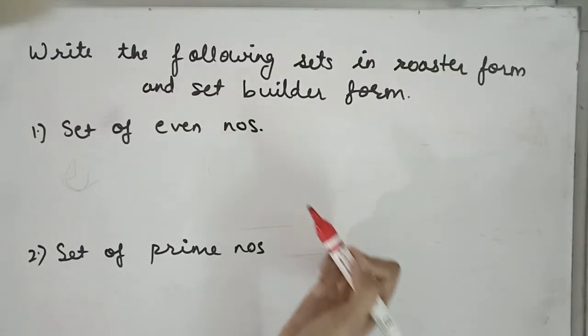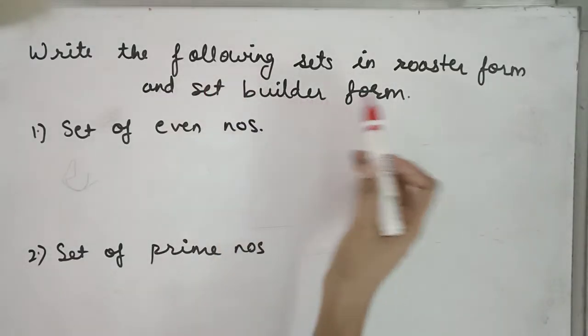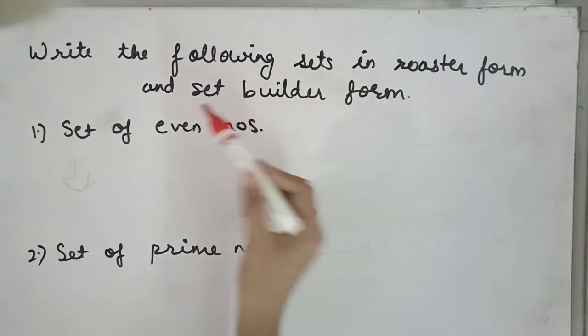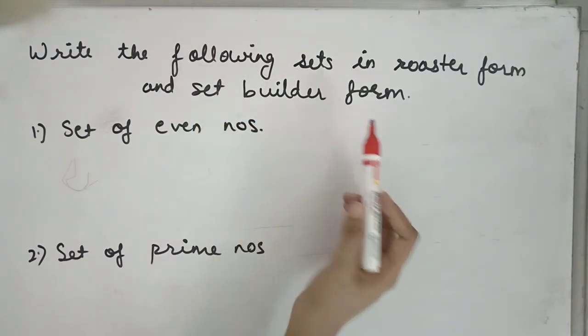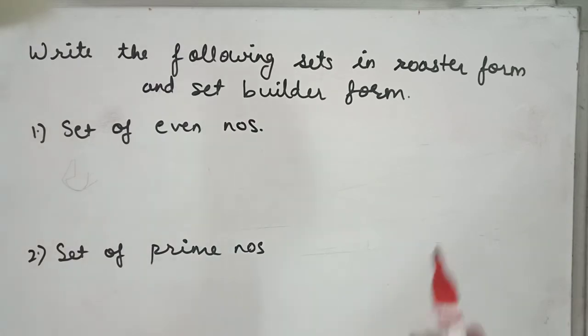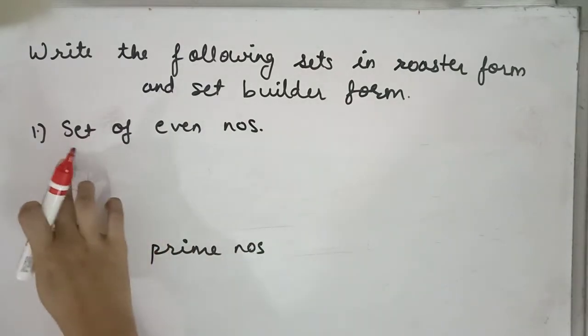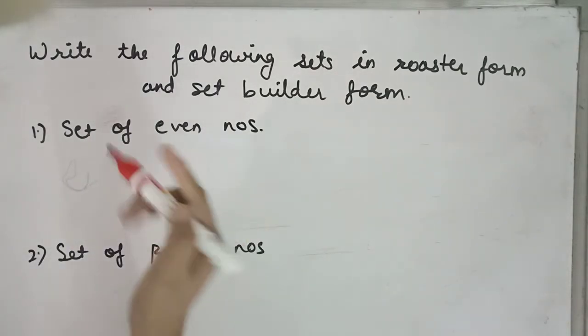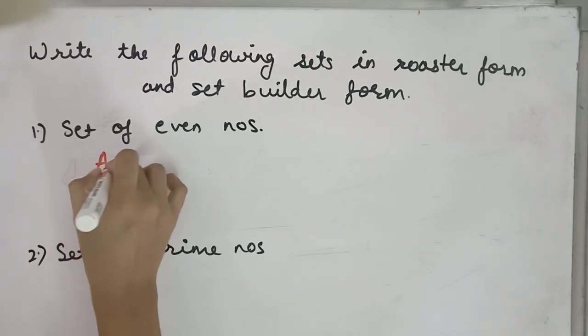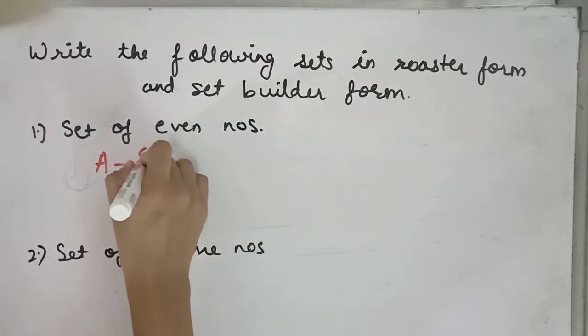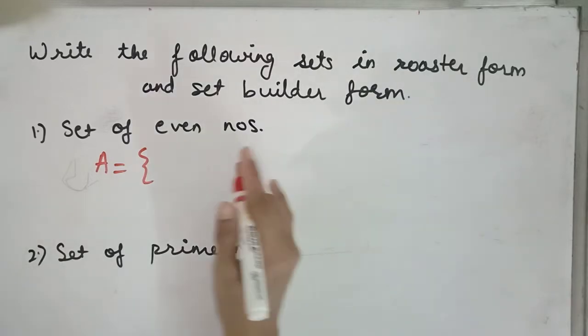Now let's see some examples of how to write the following sets in roster form and set builder form. We will start with the first example, that is the set of even numbers. Suppose we have considered set A. We will first write in roster form.